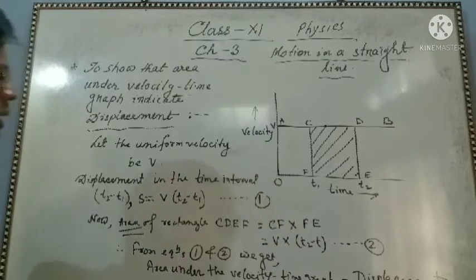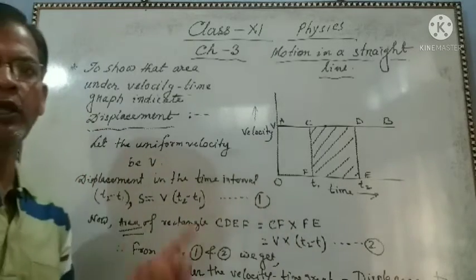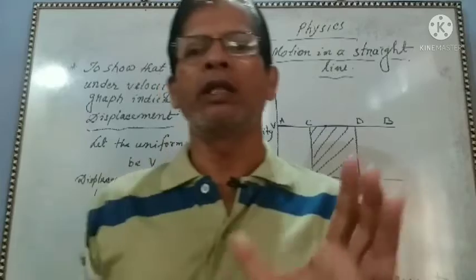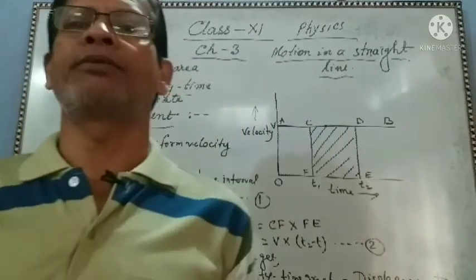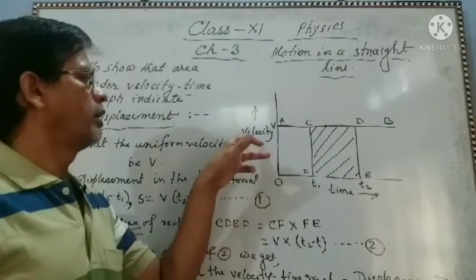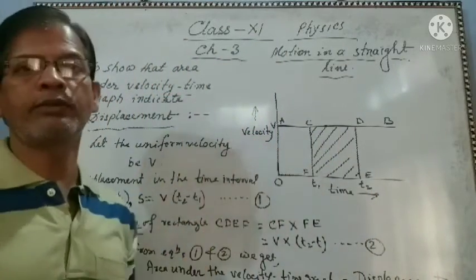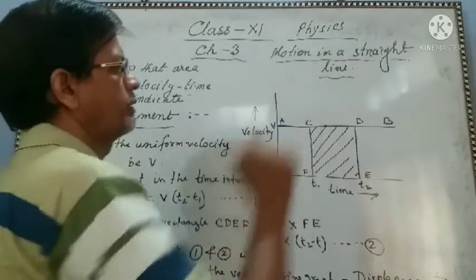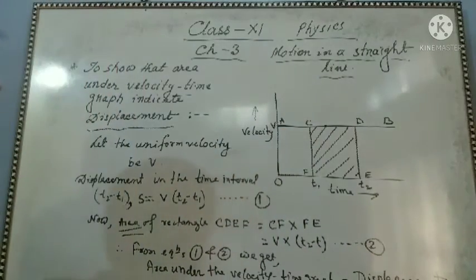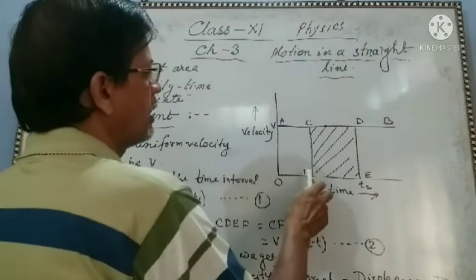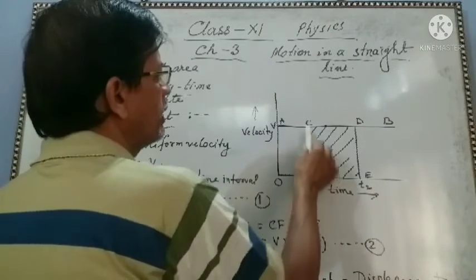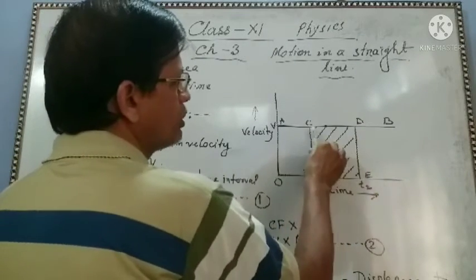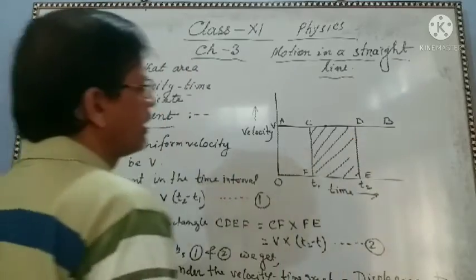Okay, so what are we getting? First we told what the velocity time graph will be in case of uniform motion. The graph is a straight line. Now we have taken two perpendicular lines at time t1 and at time t2, so this becomes a rectangle.